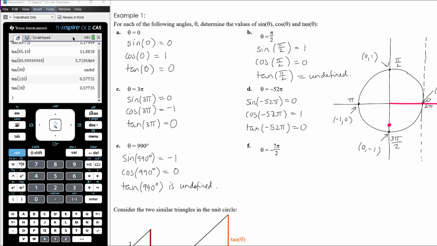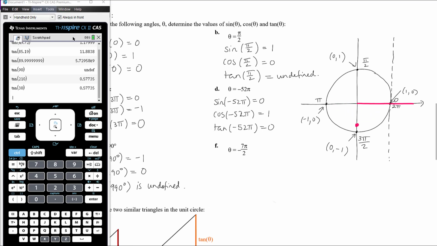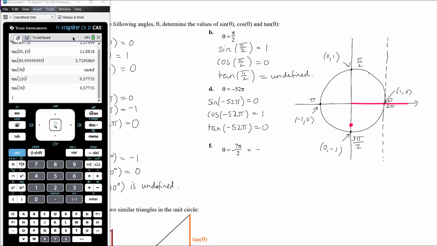Alright, last one, let's think about -7 pi on 2. Negative means we're going in a clockwise direction around the unit circle, and it's 7 lots of pi on 2. There's 1 lot of pi on 2, 2, 3, 4, 5, 6, 7. So we're at the same point as pi on 2, at the point 0, 1.